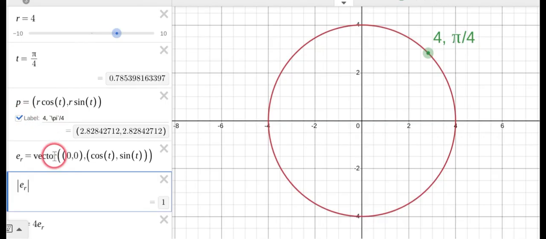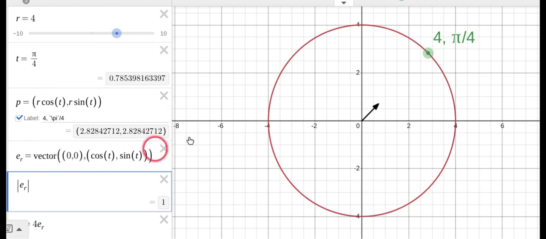Now, we know from previous work that the E_r basis vector is just the first derivative of the position vector. So that's cosine theta and sine theta. Now we can plot that. And look, what's the magnitude of the E_r basis vector? It's 1. It's actually a unit vector.